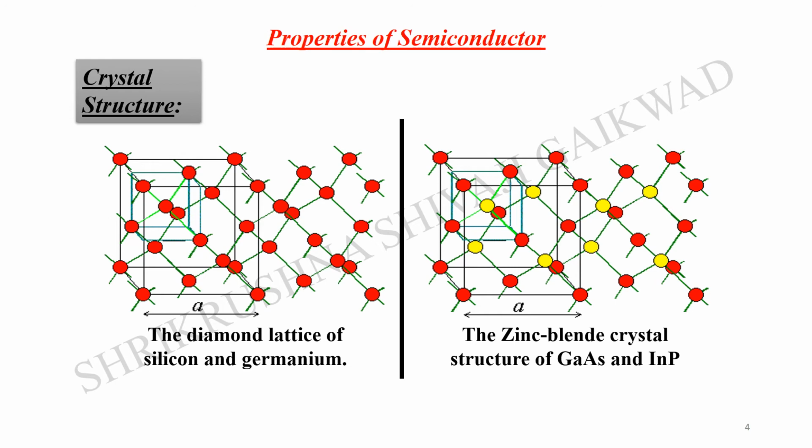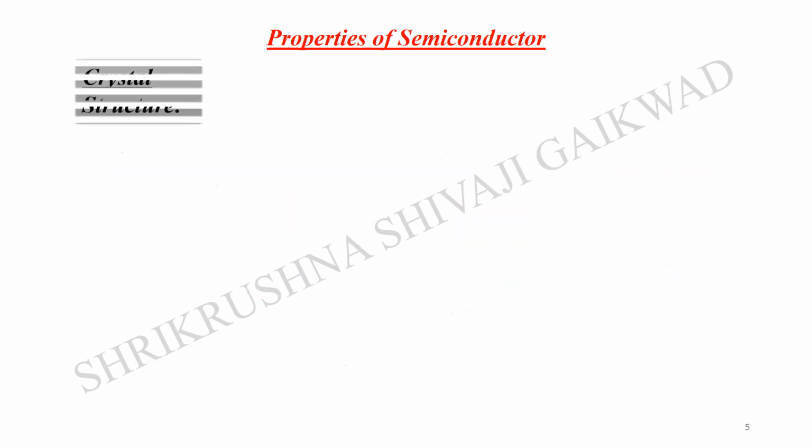You can see the similar structure over here, but the atoms on the left hand side of the figure are of the same kind. On the right hand side, the atoms are of different kinds and they compose the zinc blende crystal. The left one has the diamond lattice.